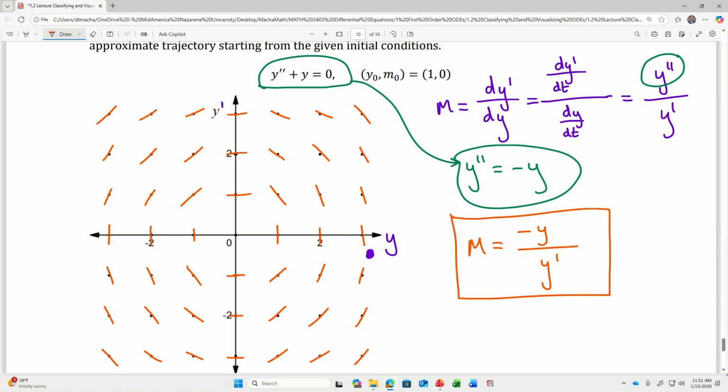And so as time moves forward, y should be increasing when y prime is positive, right? So I'm going to add little arrowheads that show everything moving to the right when y prime is positive.